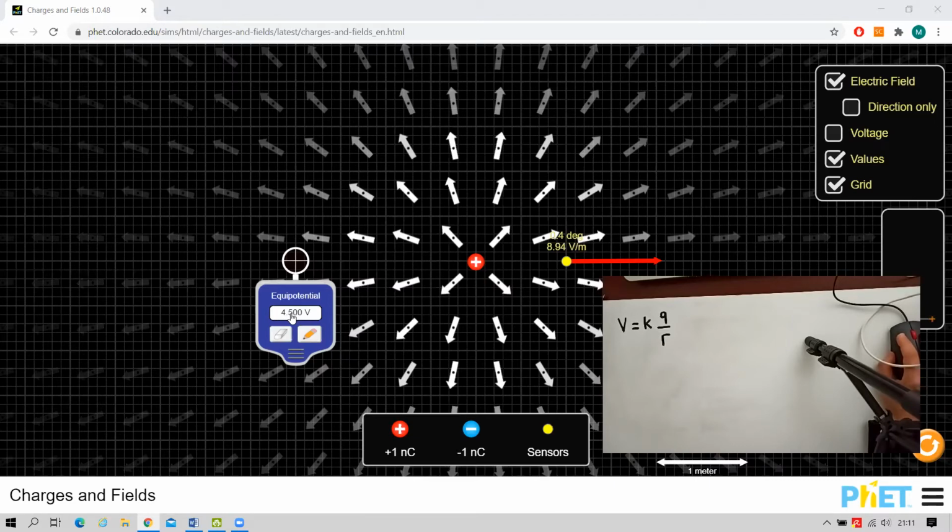Just do this calculation, KQ divided by R. You put R equal to 2 meters and K is 9 times 10 to the 9 newton meter squared divided by coulomb squared.